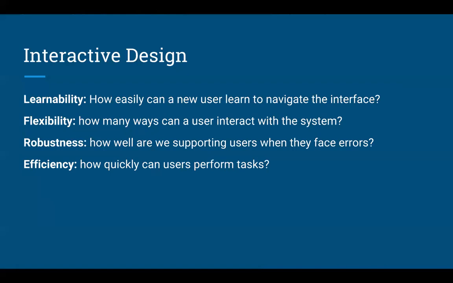So if they run across an error in the website, let's say that they're trying to get in touch with you and they're trying to fill out your form, but there's something going on with the server that day, and the form won't go through. Is there another way on that page, your email, your phone number, for them to say, oh, all right, you know what, he lists his email right here, I'll just contact him that way? So how well are we supporting a user if they run into an error?